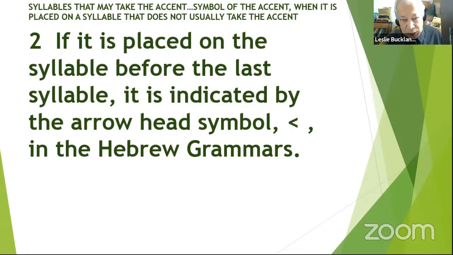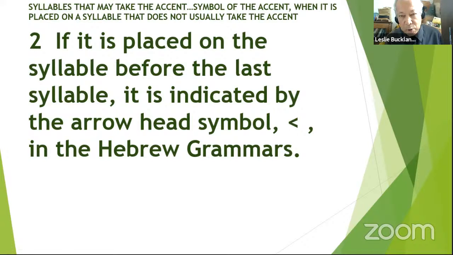And this is why you need to have the symbol of the accent in this case, because now the accent is going to be put on a syllable where it is not normally put.